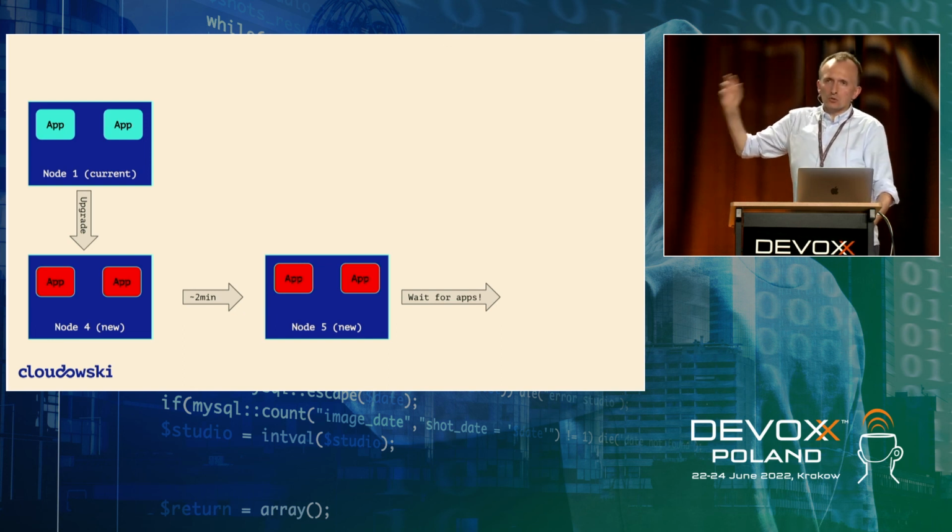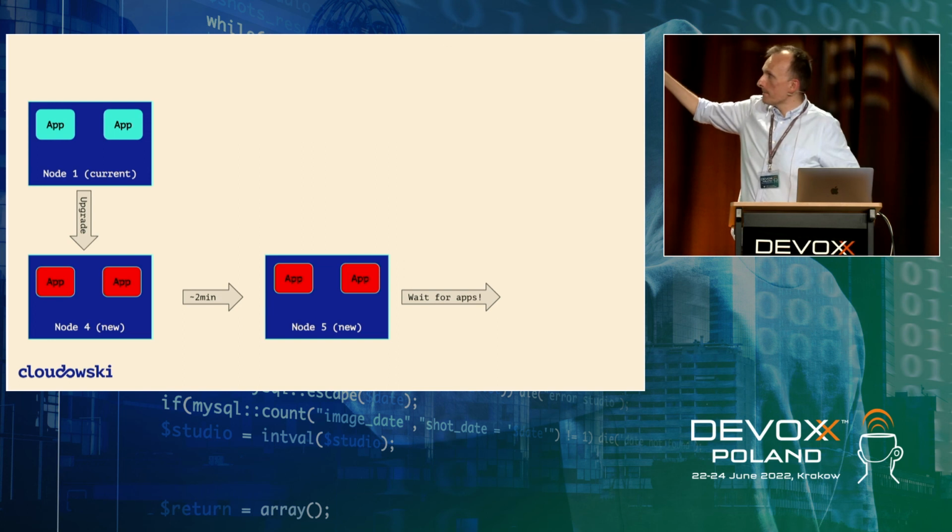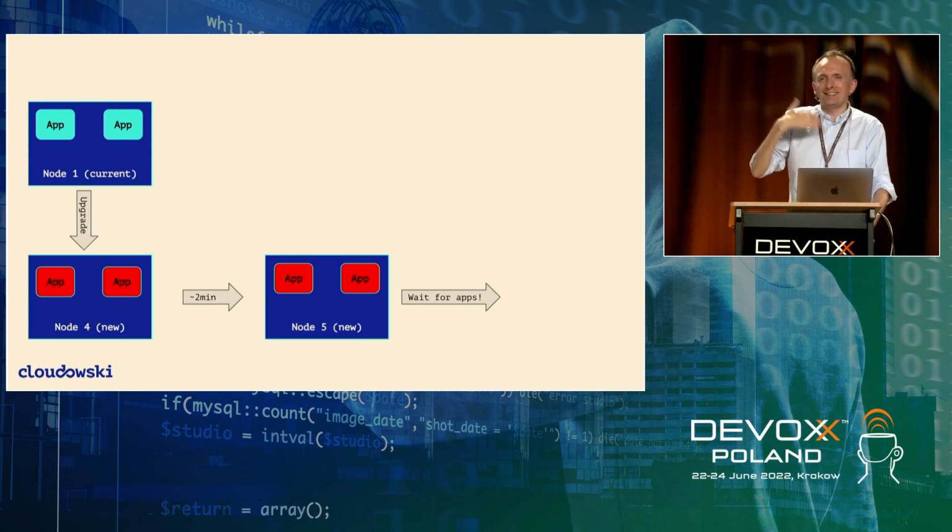Now, Google, which controls the cluster upgrade, waits for the apps to be available, because if it had decided to destroy the old node, it would exceed the budget that we set in our pod disruption object.